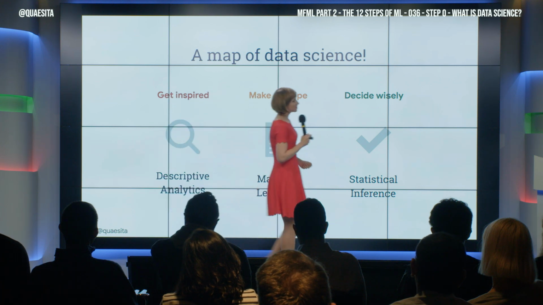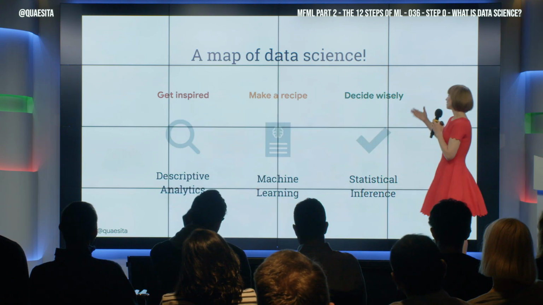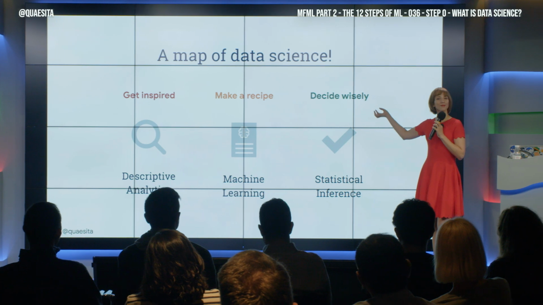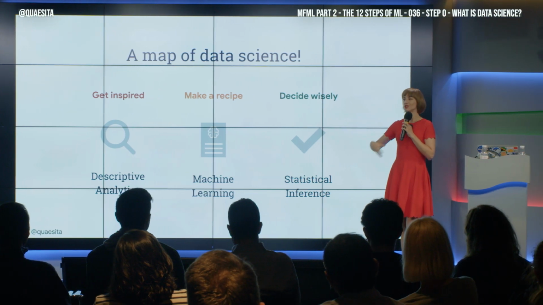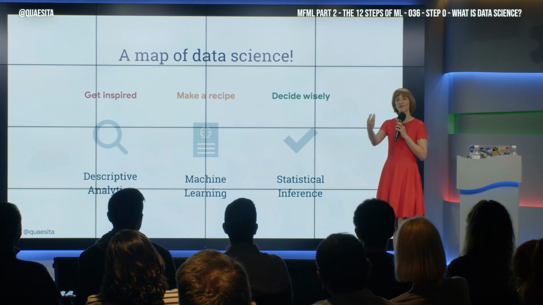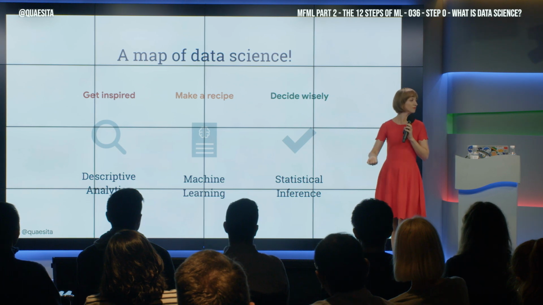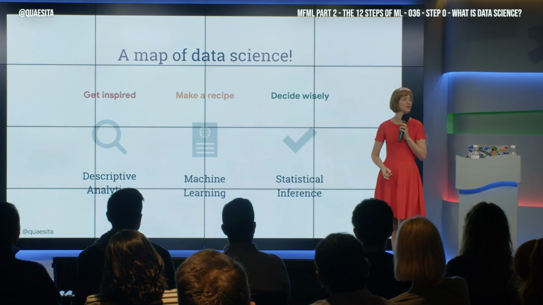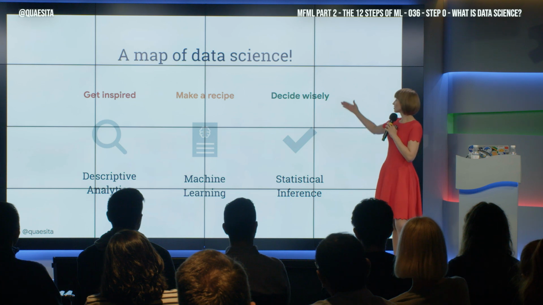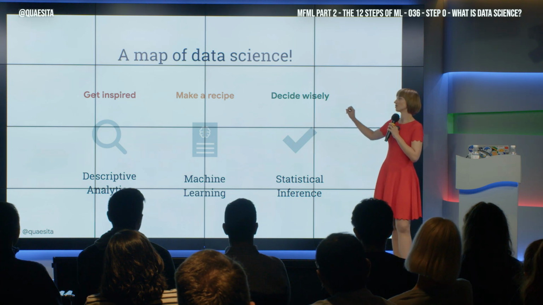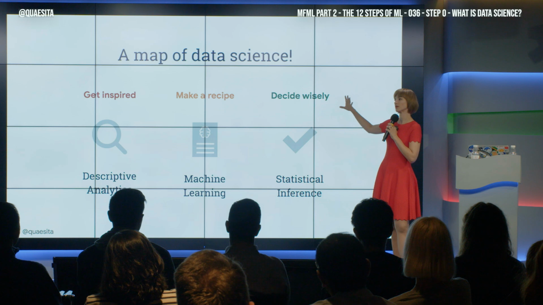And statistical inference, statistics for short, is for making one or a few careful, important decisions where we don't have the correct answers until we've made the decision, and then the universe punishes us or doesn't. So we are carefully working with making a few important decisions.